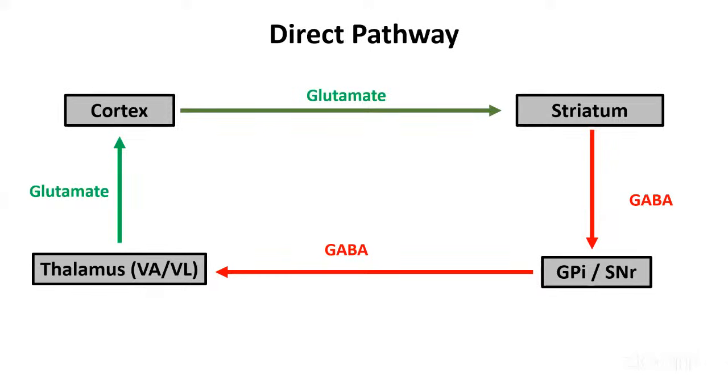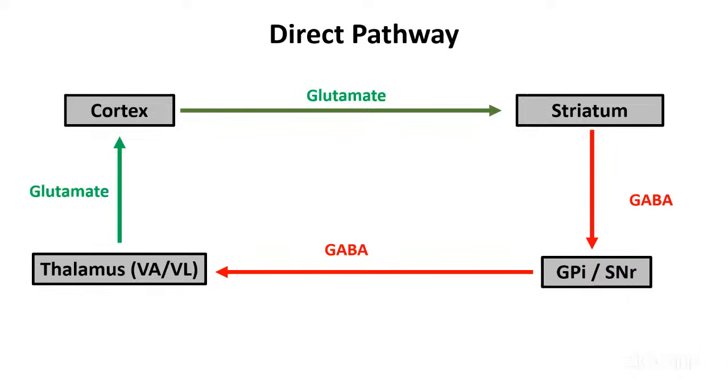So the striatum is the input nucleus, and globus pallidus interna and substantia nigra pars reticulata are the output nuclei here. And the striatum inhibits the globus pallidus and substantia nigra, which further inhibit the thalamus. Since the striatum inhibits the globus pallidus and substantia nigra, the further inhibition is lost. So the thalamus can facilitate the cortex through glutamate.